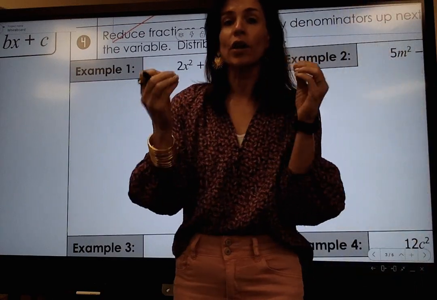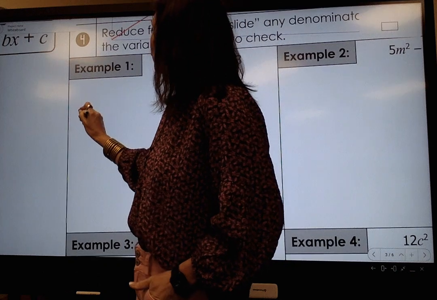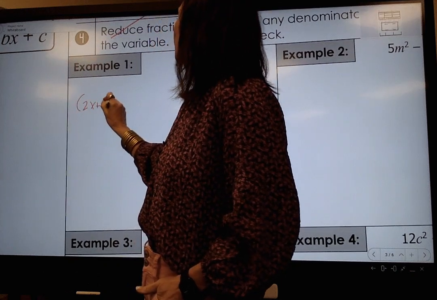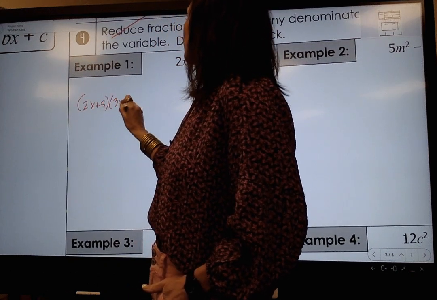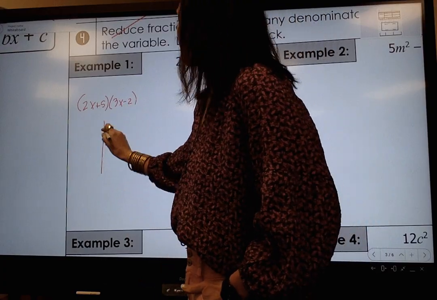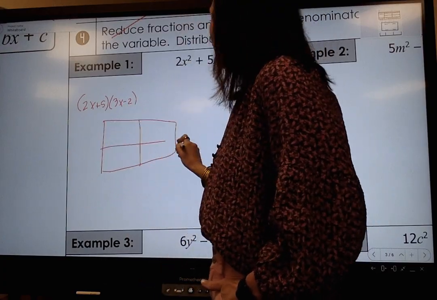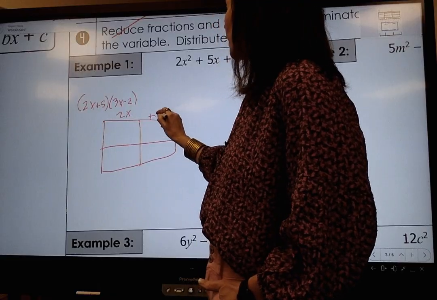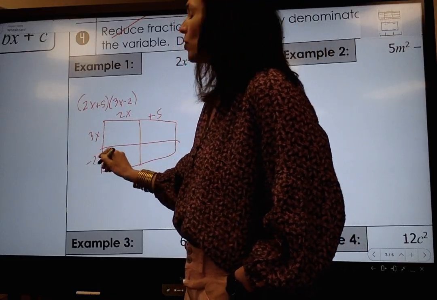So remember when we started multiplying, if I asked you to multiply 2x plus 5 times 3x minus 2, and we boxed that method, remember how we did 2x plus 5 and 3x minus 2?